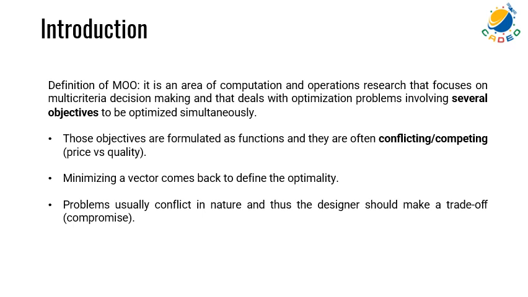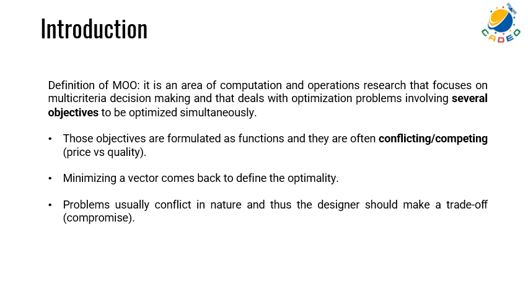Multi-objective optimization tries to figure out the best balance or compromise. It's like finding the sweet spot where everything works out as well as possible, even though different goals might be pulling in different directions. Minimizing a vector comes back to define the optimality.